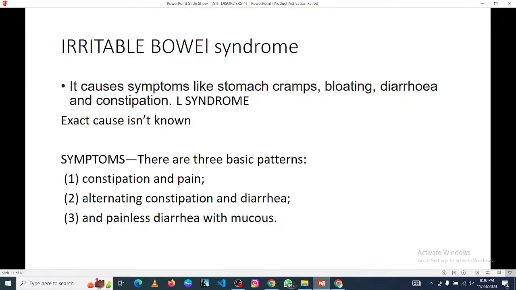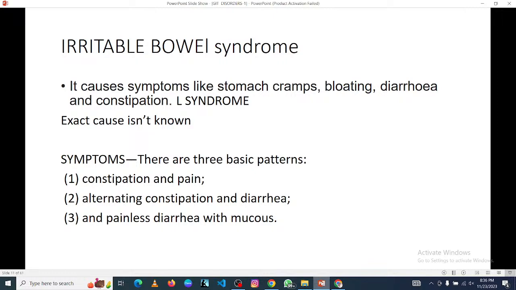When you go to the hospital and you are diagnosed with either of the two, your diagnosis will read IBS. They won't tell you which specific one, but the good doctors will tell you the specific irritable bowel syndrome you're suffering from. So there's a difference between the two.